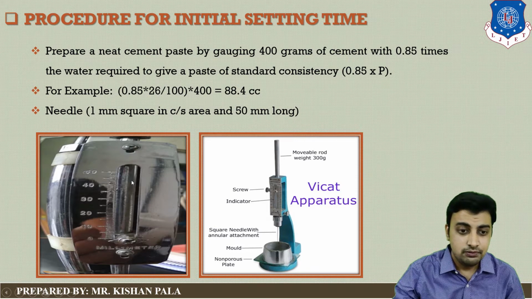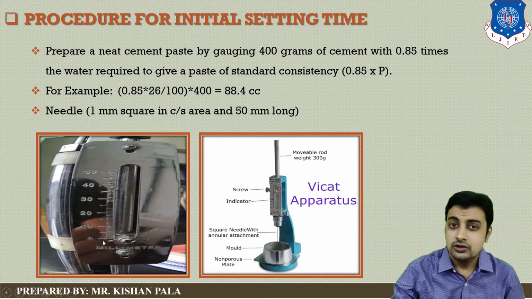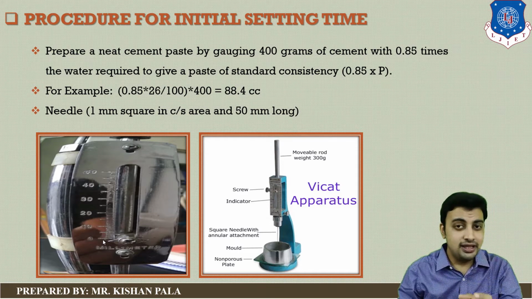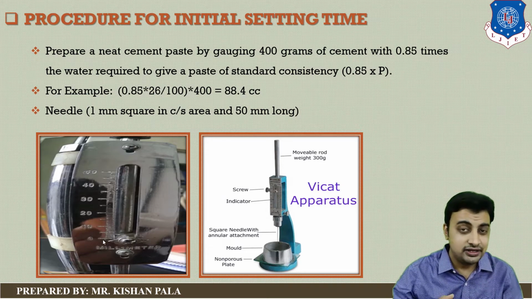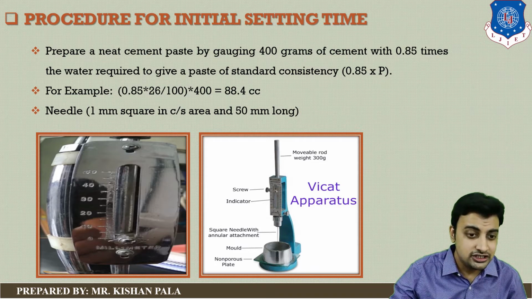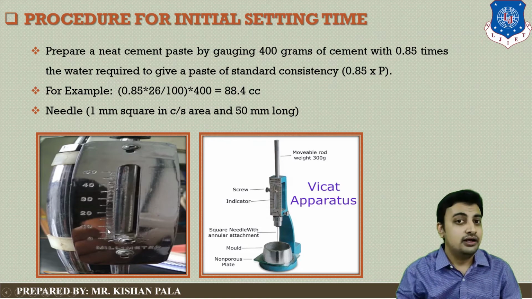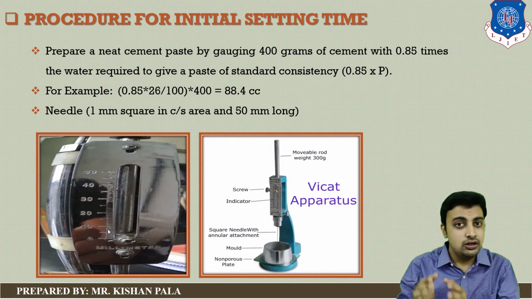This photo shows your zero reading. It means in the starting period you may get a zero value of the reading, and after a certain time you will achieve a value of 5 mm to 7 mm. So this is your stopping time.